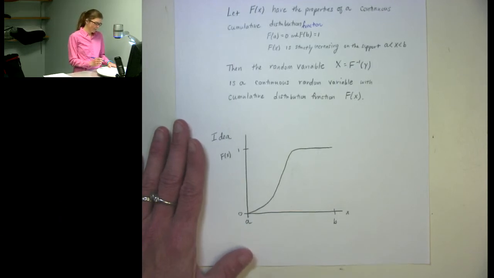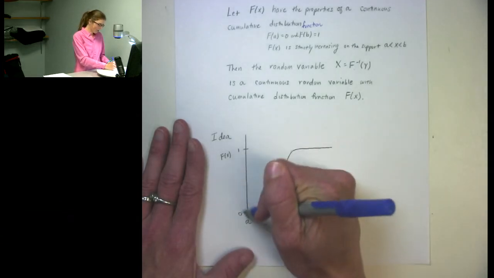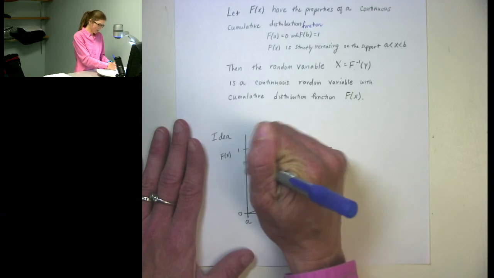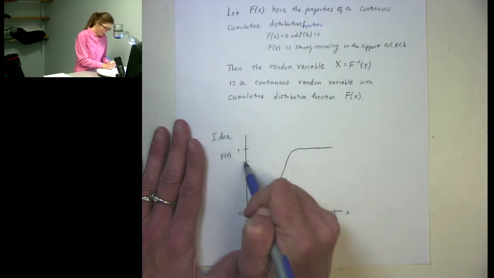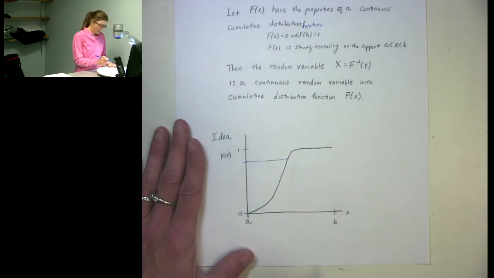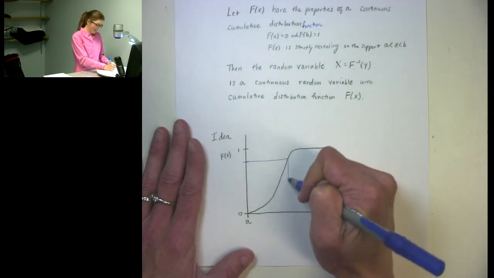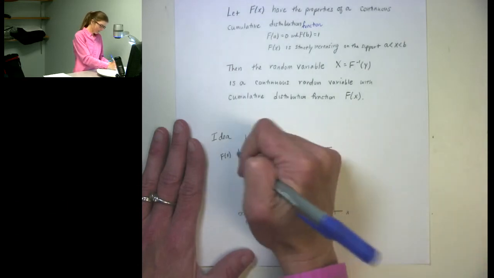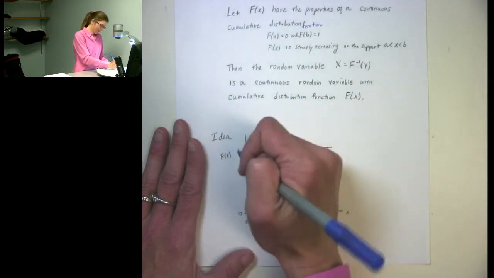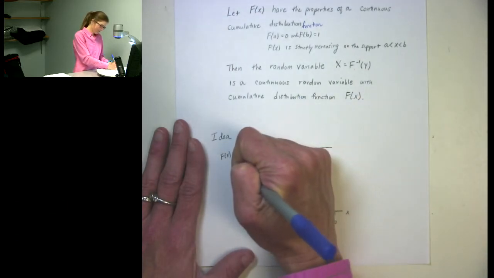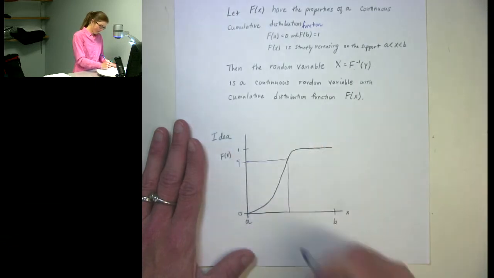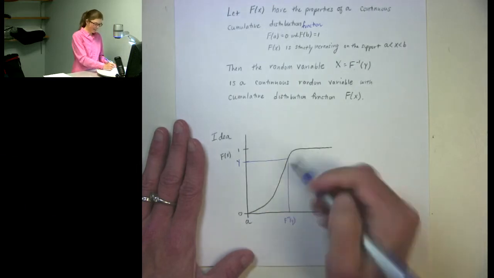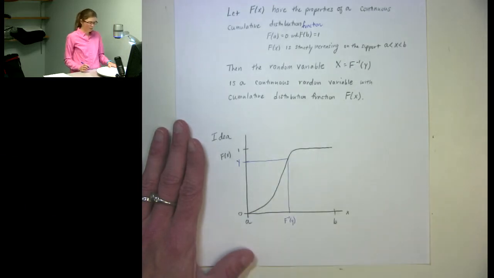The idea is that if I randomly choose a number in the interval between 0 and 1, and I go across to F of x and take the F inverse at that value, here's our y, if I take F inverse of y, down here it's going to give me an observation on this distribution.